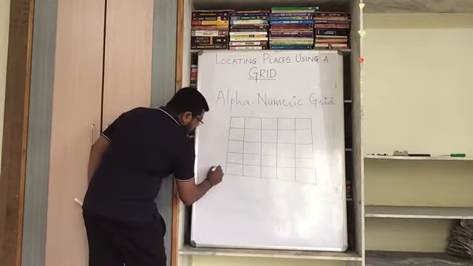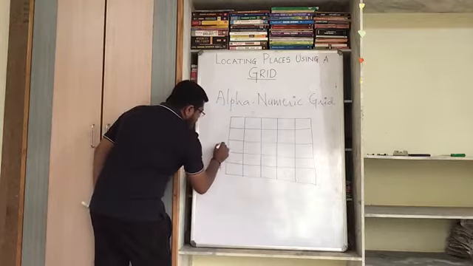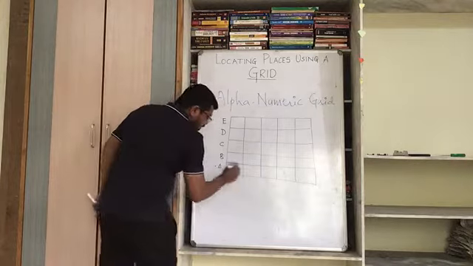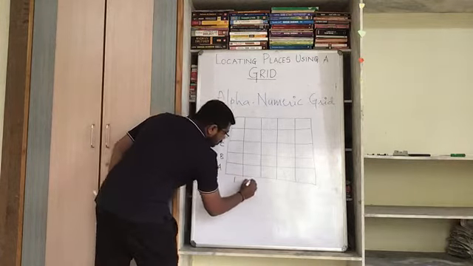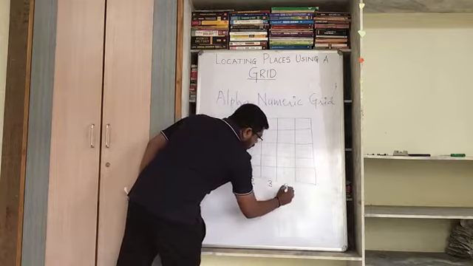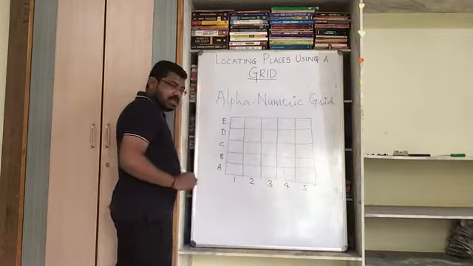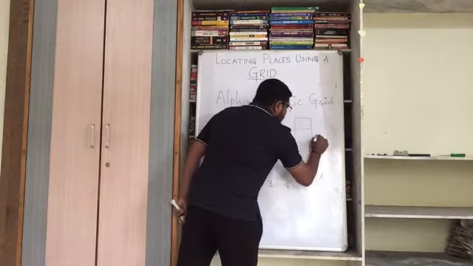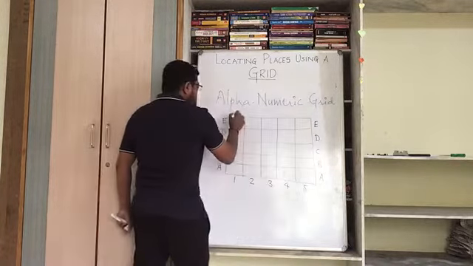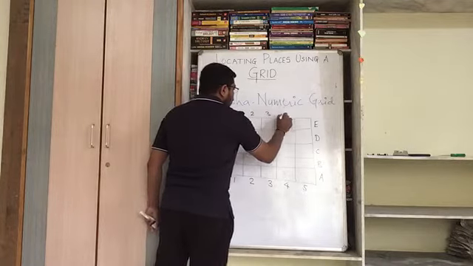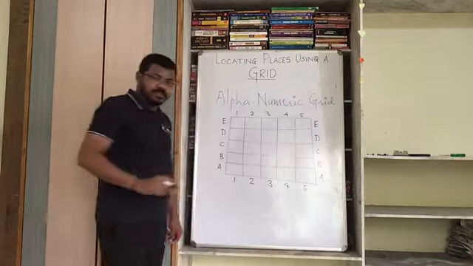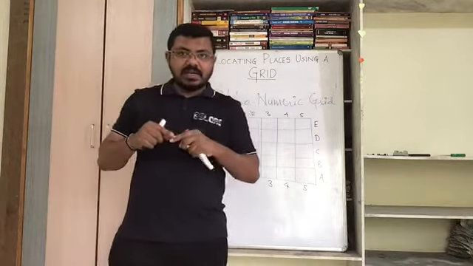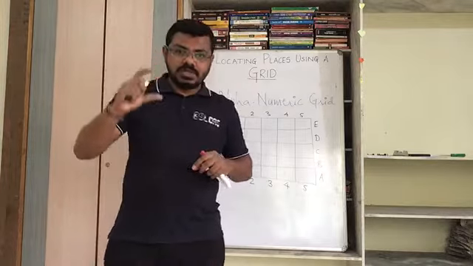Like for example, A, B, C, D, E, and this has been numbered as 1, 2, 3, 4, 5, right? Again, this is also A, B, C, D, E, and here we have 1, 2, 3, 4, and 5. So the entire square, one large square, has been divided into small squares.